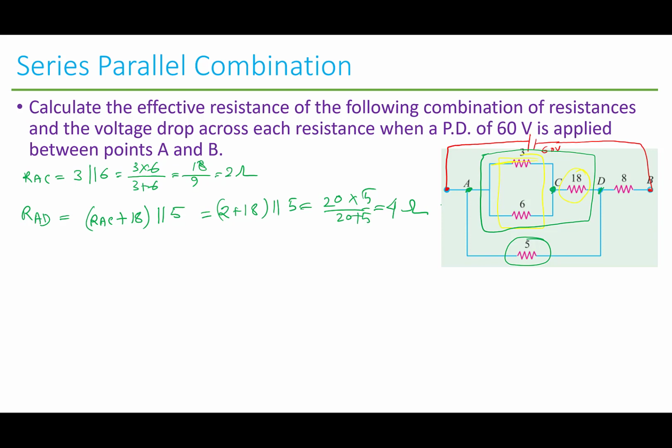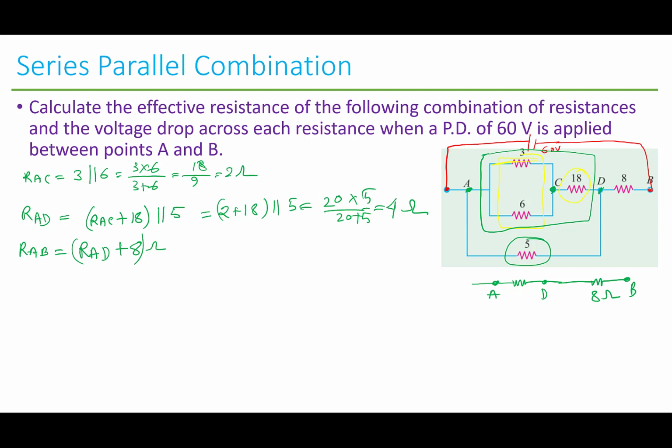So what is the value of RAB? RAB is basically RAD plus 8 ohm because they are connected in series. Think simply: this is terminal A, terminal D, another resistor, and this is terminal B, so 8 ohm.